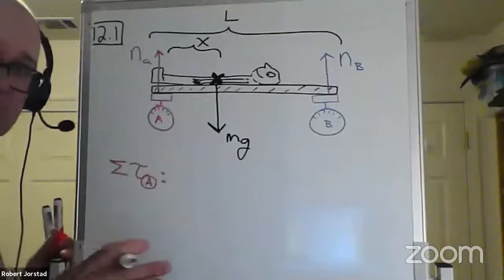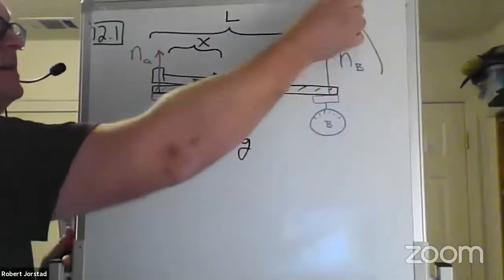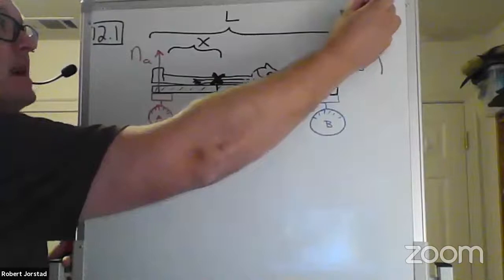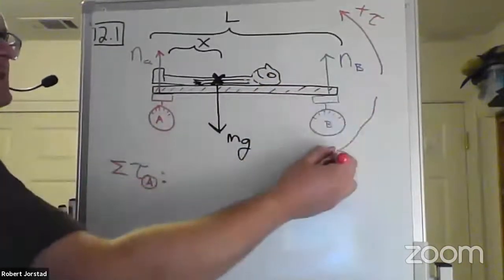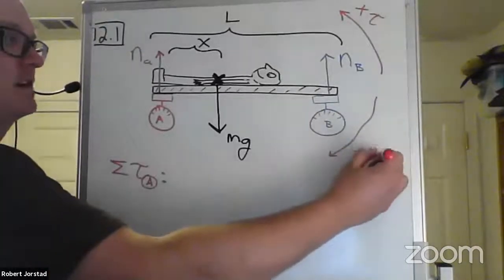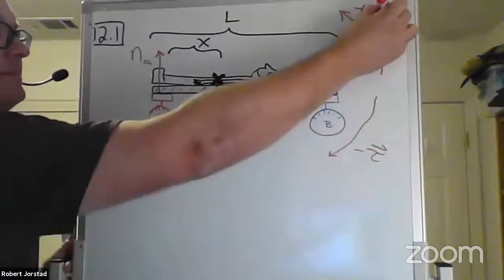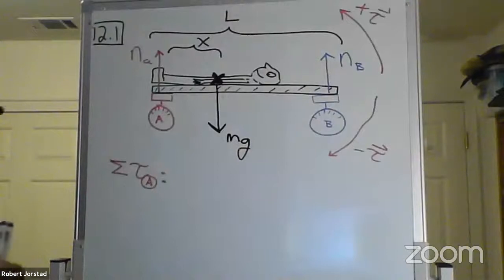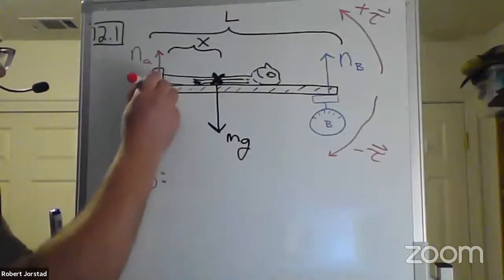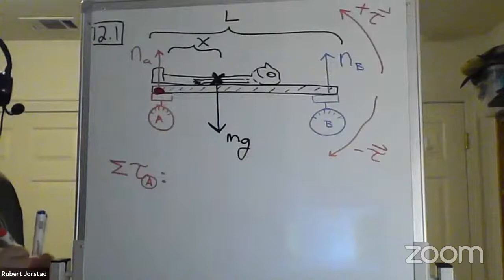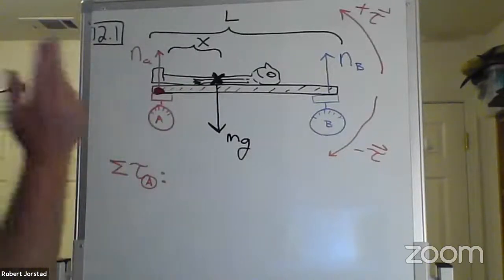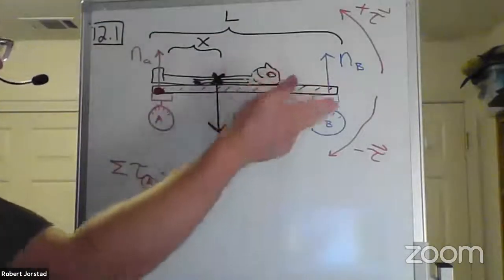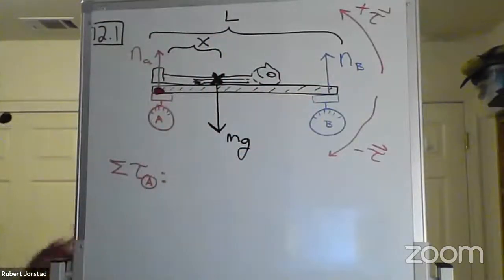Now, before we do that, I'm going to assume this is a positive torque, and I'm going to assume this is a negative torque. I'm drawing my coordinate system in here. Do you see that? So again, what we're doing is we're envisioning A is the pivot point. Why? This isn't rotating. That means it's not rotating about A, it's not rotating about B or X or anything else. It's not rotating. That's why I can do this.